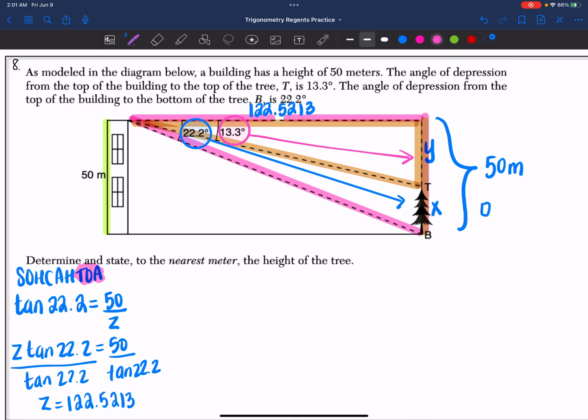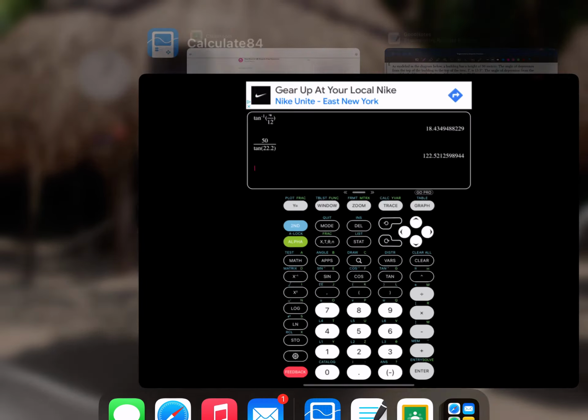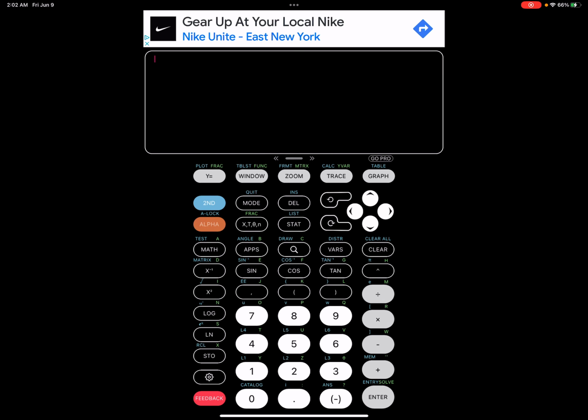I'm still going to use tangent, but the tangent of 13.3 is equal to y over 122.5213. So y is equal to 122.5213 tangent of 13.3. Obviously I'm putting that in my calculator, because I can't do that in my head.